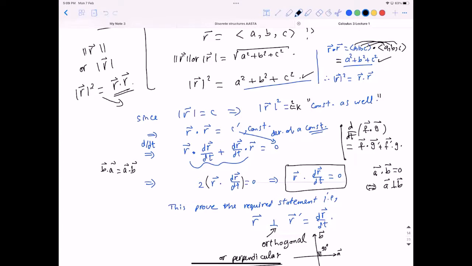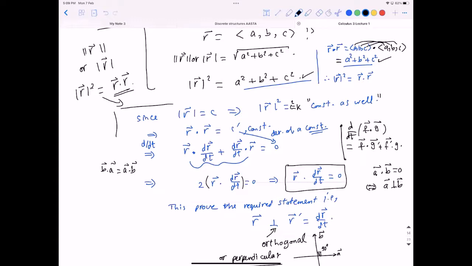So it needs some ideas from before. If these formulas are clear to you, it will be very easy. If they're not clear to you, please write these formulas down, make revision of vectors, attend the revision.